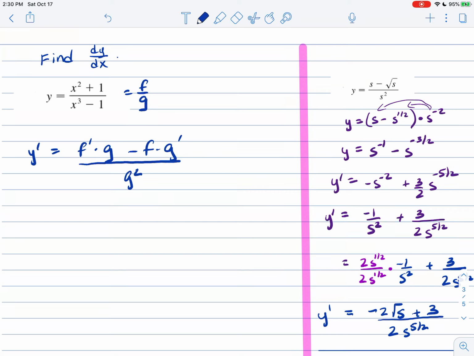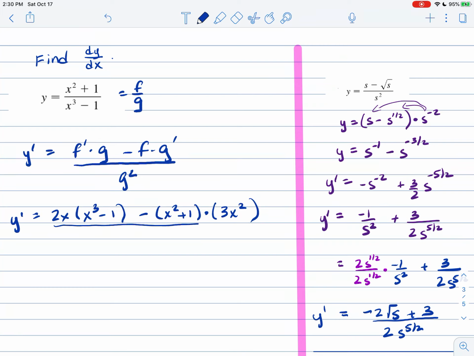So in doing that, our y prime, the derivative of the top, is going to be 2x times the bottom, which is x cubed minus 1, minus the top, and make sure you minus the entire top, times the derivative of the bottom, all over the bottom squared. And that is x to the 6th minus 1 squared.